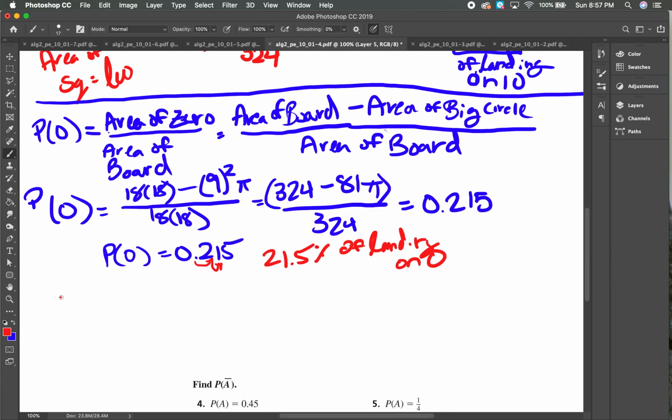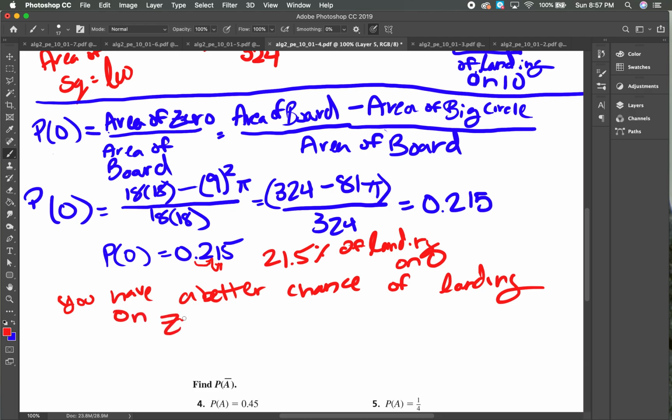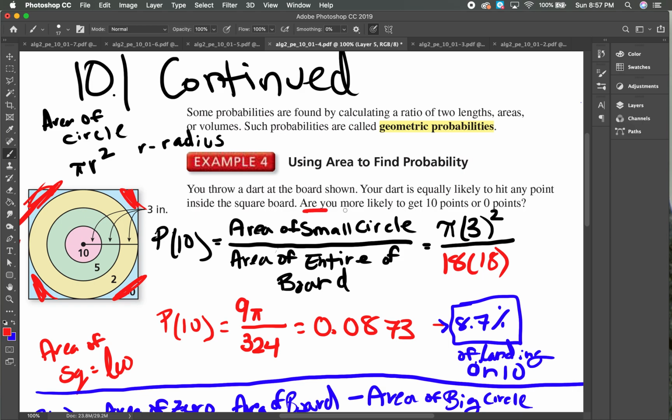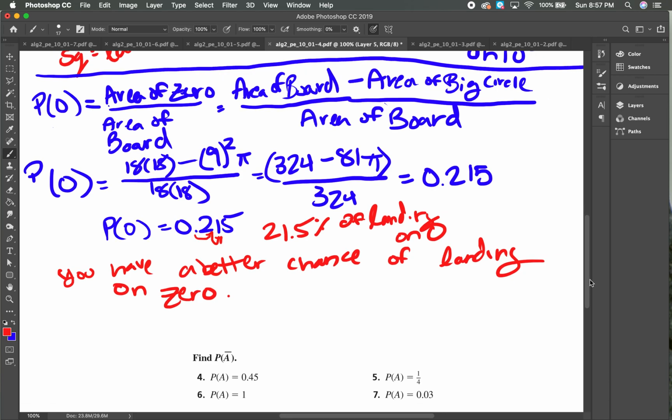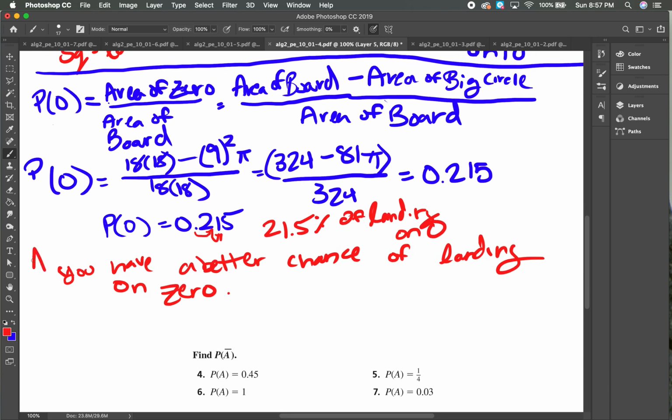So that means you have a better chance of landing on 0. This answers, are you more likely to get 10 or 0 points? Remember, when answering these questions, yes, they are easier, but you need to answer in a complete sentence. So that is that one.